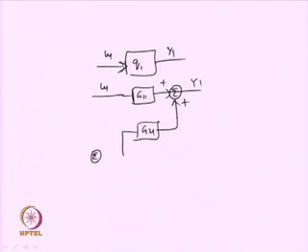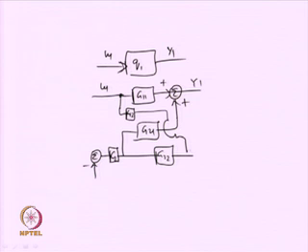So, basically I have the summer here, then I have got the controller here C2 and G22, and we have got G12 coming from there. So, G12 is adding over here and I have got this. Okay. So, this will give us y1 upon u1.